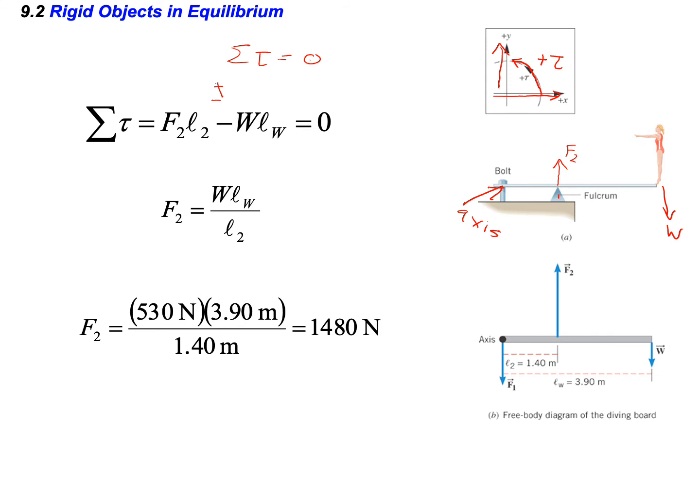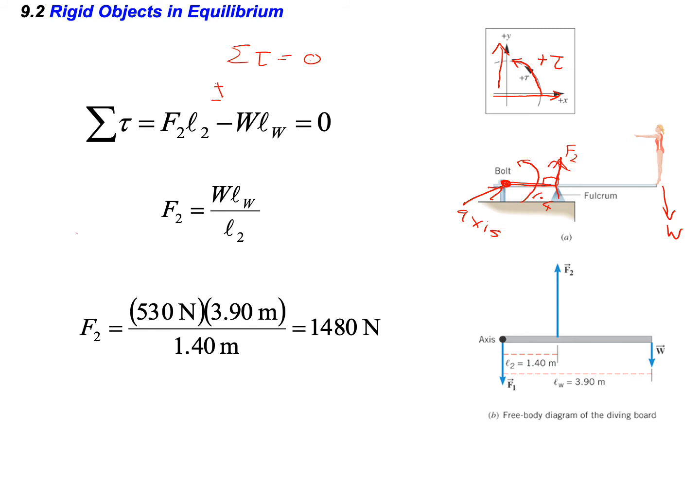Because of this force, we can see this thing rotates that way. Therefore, it's a plus. So F2 times this is the lever arm, the perpendicular distance from the axis of rotation to this force, which is 1.4.